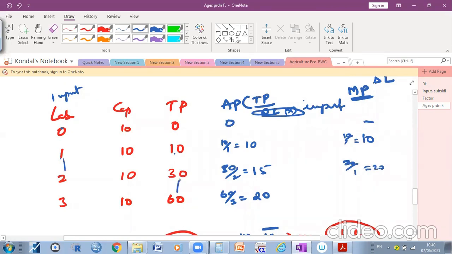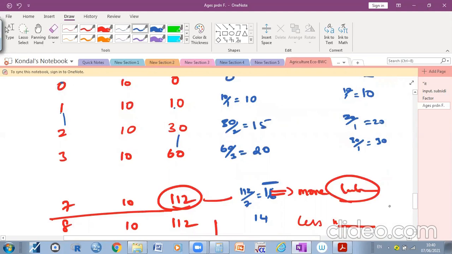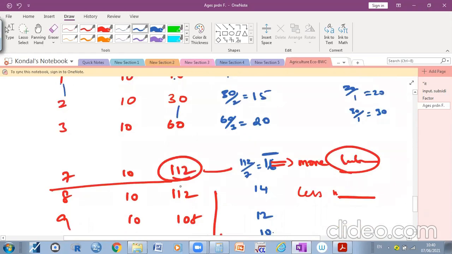Then the difference between 30 and 60 is 30, 30 by 1 is 30. Like that it will increase. But see, the difference between 112 and 112 is 0. 0 by 1 is equal to 0.